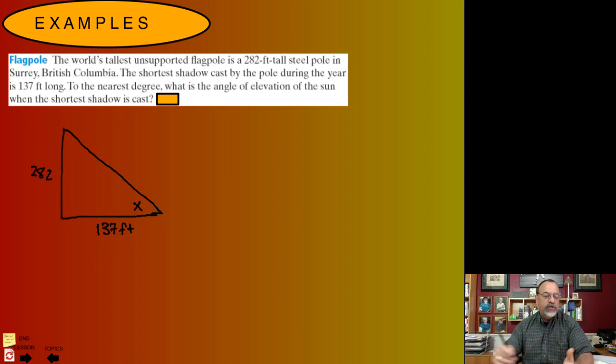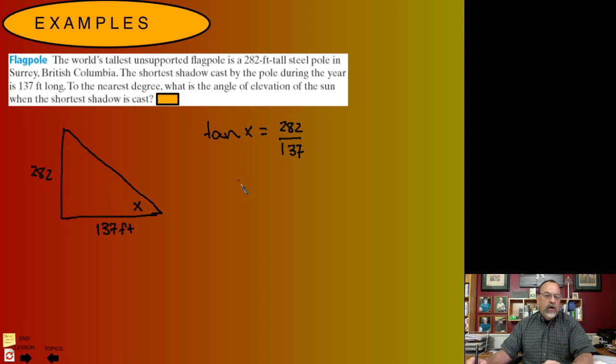I need to decide which trigonometric ratio is going to apply. So I have my angle, I have the opposite and adjacent, so again I'm going to use tangent. The tangent of this angle, which I don't know, is the opposite side, 282, over the adjacent side of 137, so then I would solve this using the inverse tangent and then calculate it.